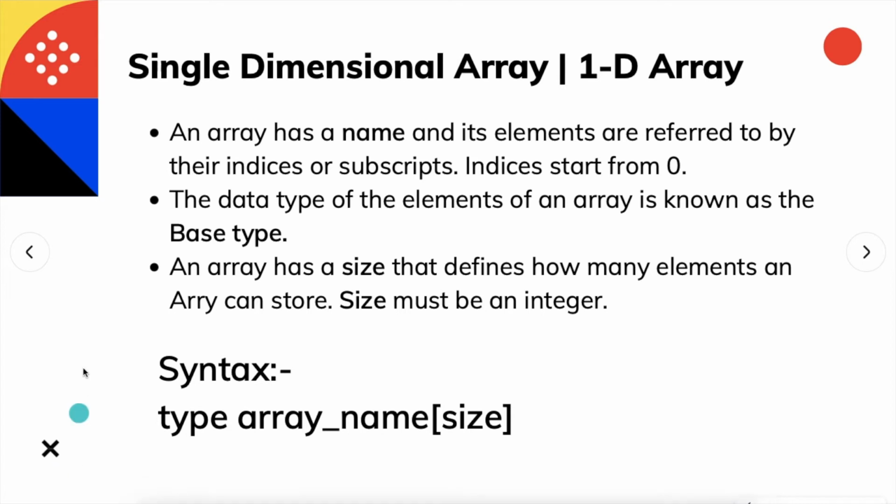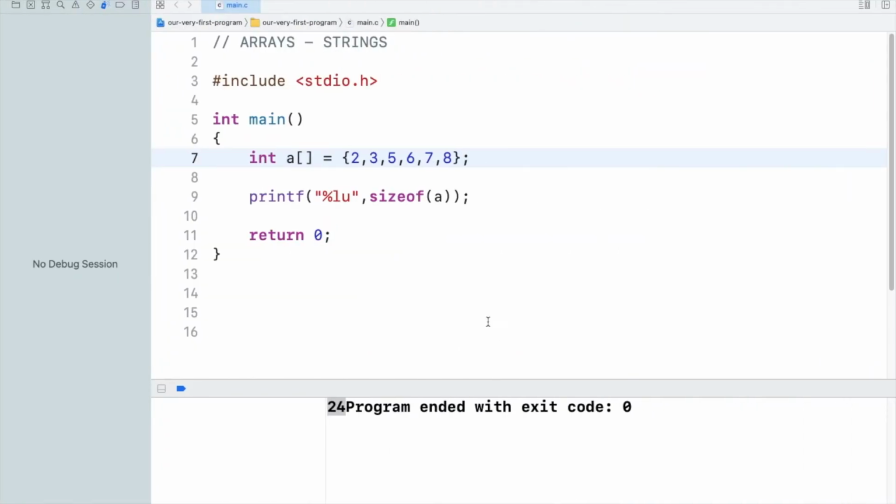The sizeof operator tells us how much memory in bytes the array is storing, and that is 24 because each element is an integer, and an integer stores 4 bytes in my system. Since we have 6 elements, 4 multiplied by 6 is 24, and that is why we are getting 24.